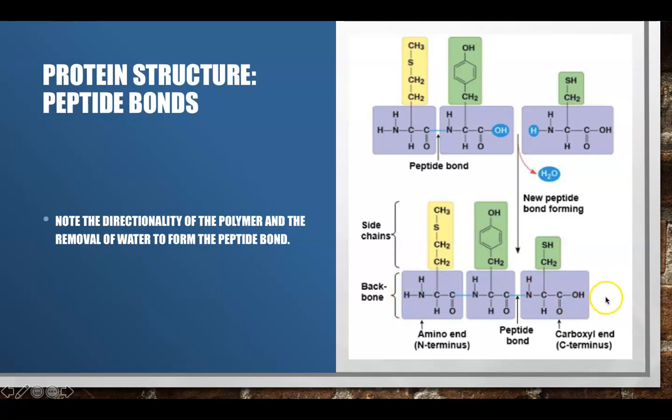This creates directionality, which means this compound has to combine in a specific manner in order to form this protein. Now, you can also notice there's going to be a repeating nitrogen, carbon, carbon, nitrogen, carbon, carbon, nitrogen, carbon, carbon, until you reach that C terminus. So keep that in mind when you are trying to identify something by structure and you want to know if it's a protein or not.